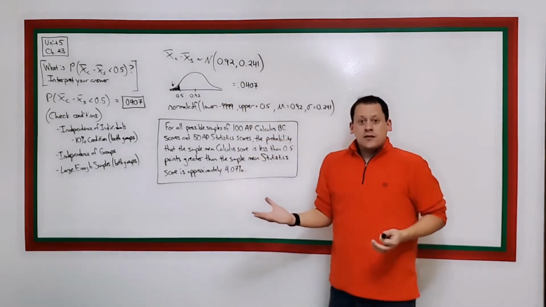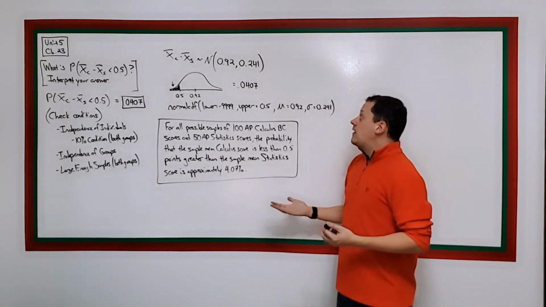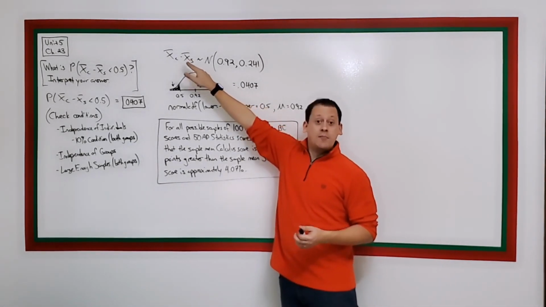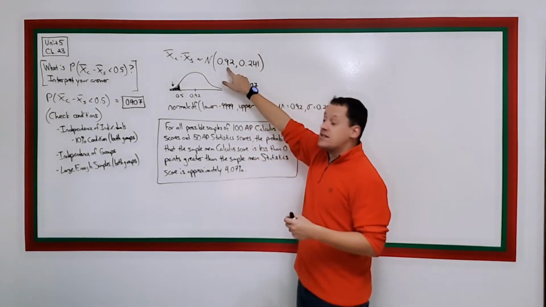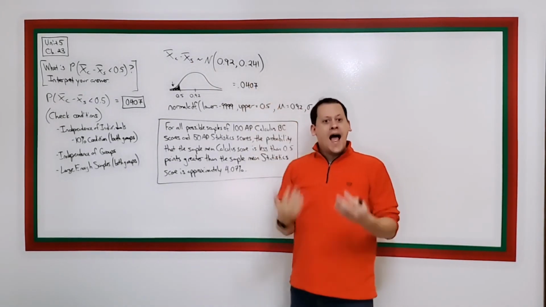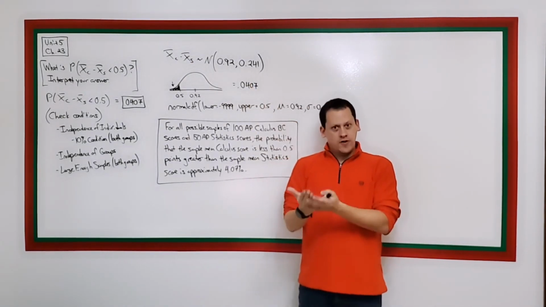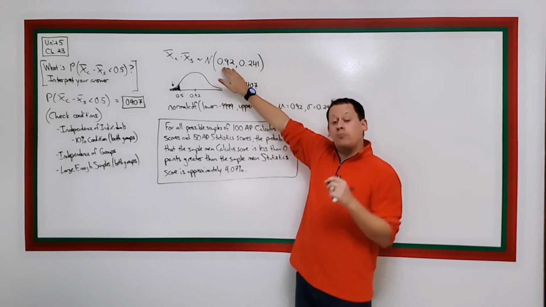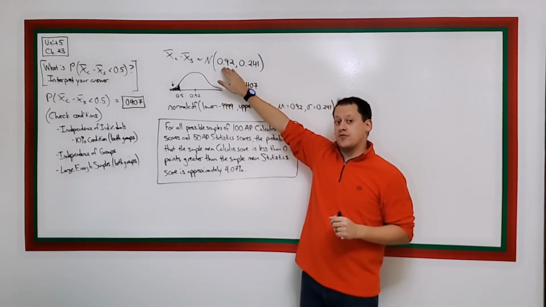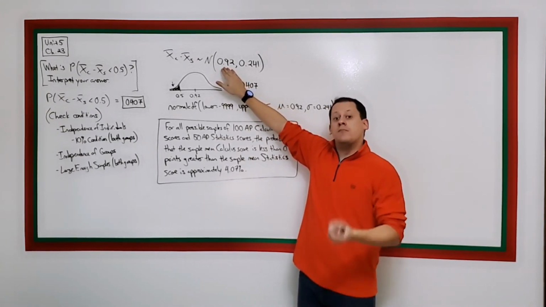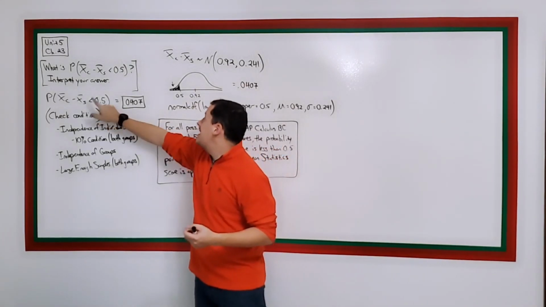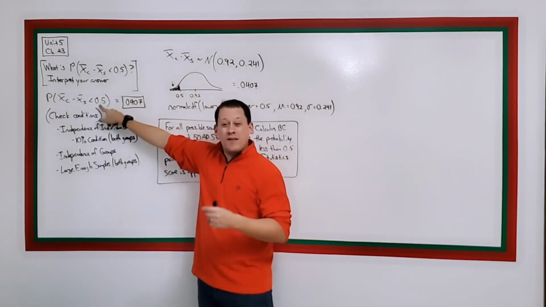Does that make sense? Well, the true difference in the populations is 0.92. So the average sample mean for calculus is going to be almost a full point bigger than it is for stats. But we're asking, what's the probability that that difference is less than 0.5?